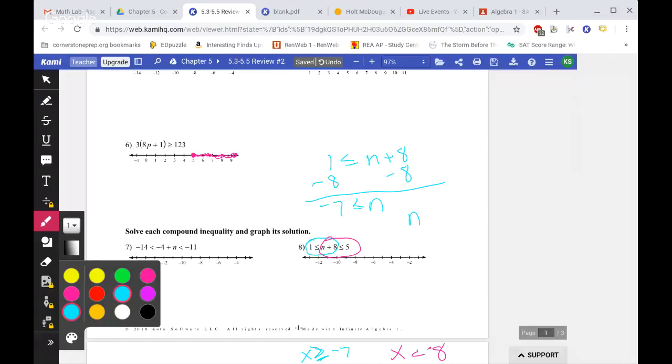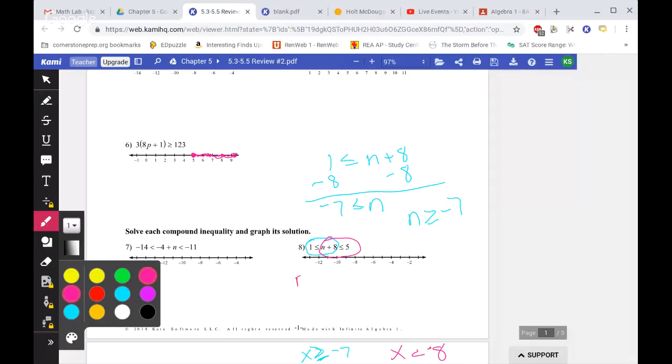In order to do that, see how the mouth side is open to the n? I want to make sure my inequality is facing the same exact way, because -7 is less than or equal to n is the same as n is greater than or equal to -7. I just feel like, even with regard to the hints that Miss Richardson gave last year with regard to graphing, it is so much easier to graph these when your variable is on the left.